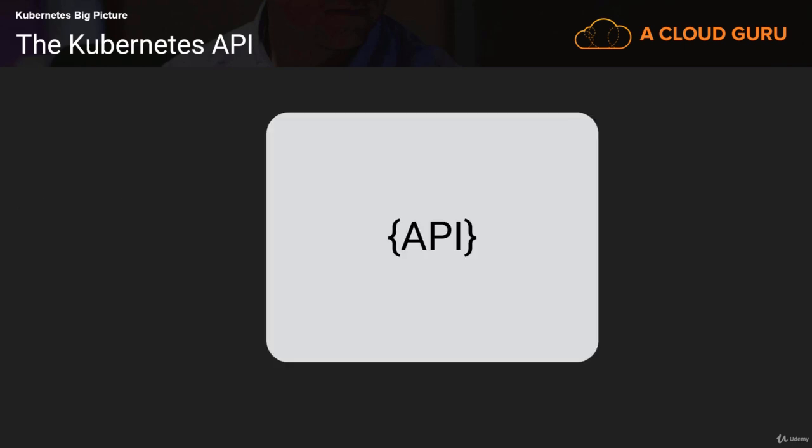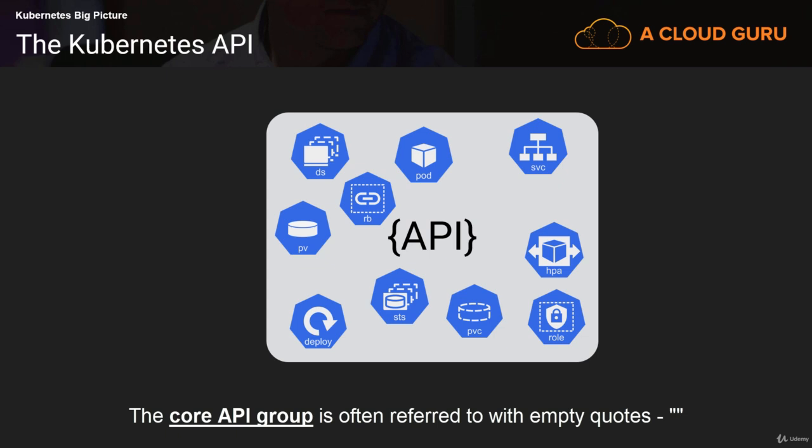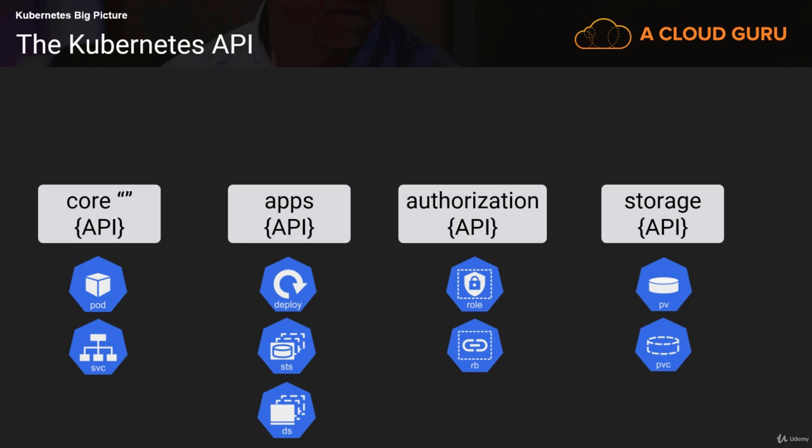Anyway, the API itself used to be a monolith. So all resources were defined in, I guess, what we now call the old core API group. But monoliths are bad, right? And as Kubernetes grew, it was a nightmare trying to develop loads of individual resources under an umbrella of a single monolithic API. So they broke it apart.